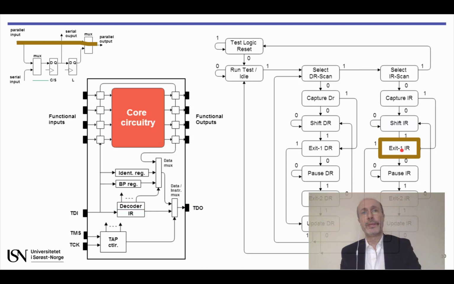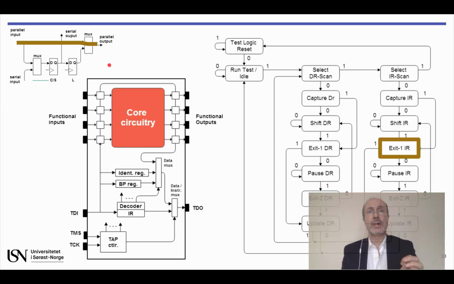We then move from shift instruction register to exit 1 instruction register, and the new instruction has been shifted into the instruction register and is ready to be loaded into its output stage and driven to the instruction decoder.